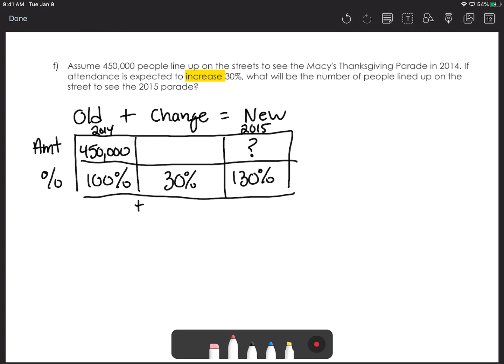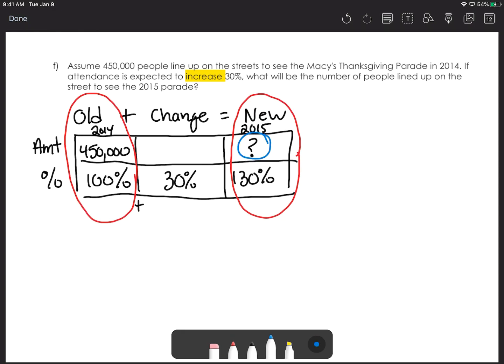So we always use the old column, and then in this case, since we're looking for the new value, we're going to use the new column. Now notice, it's different than the previous example. We only have one unknown, so this will work.